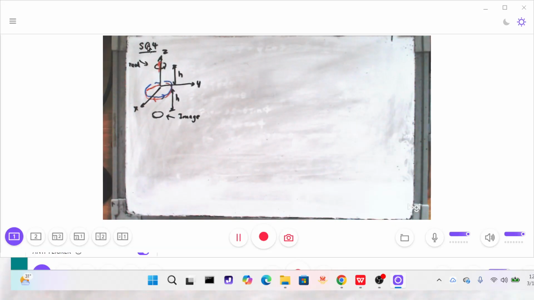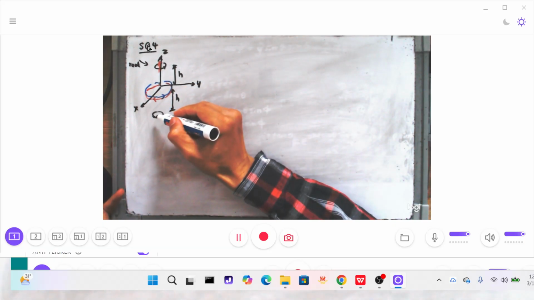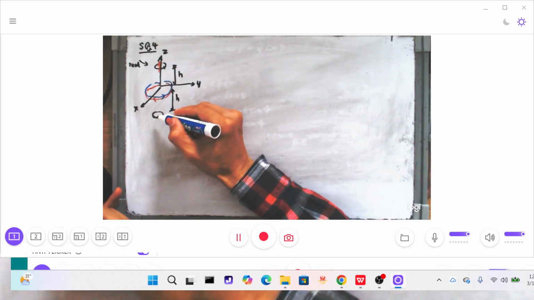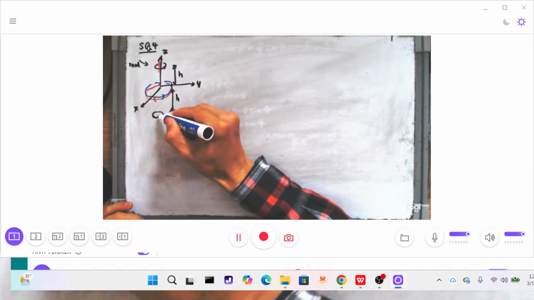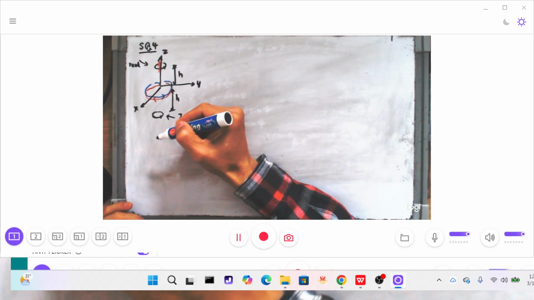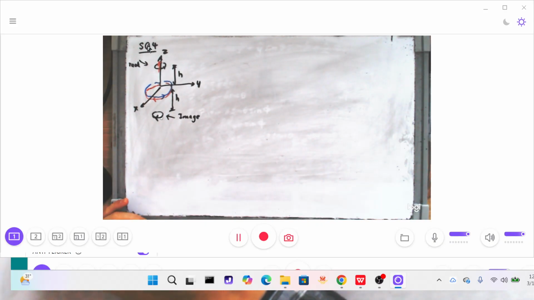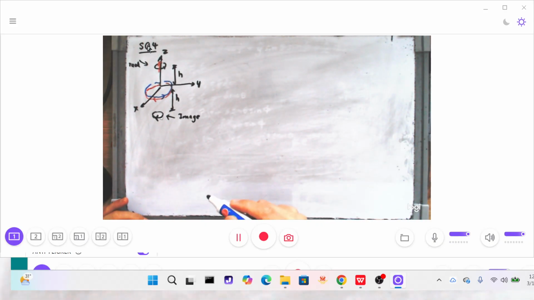So in terms of the current, the current in the image antenna will be moving backward, like this.